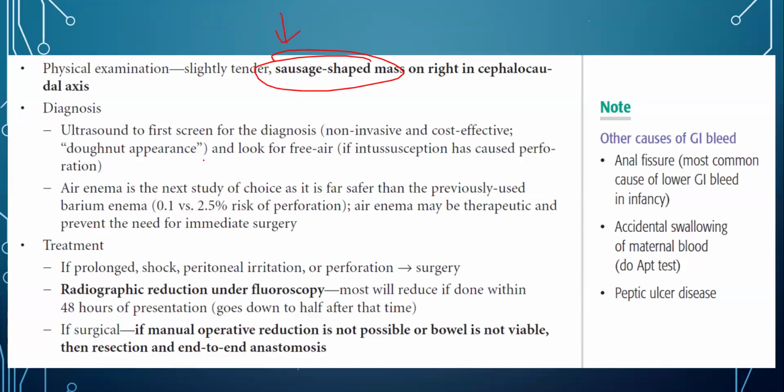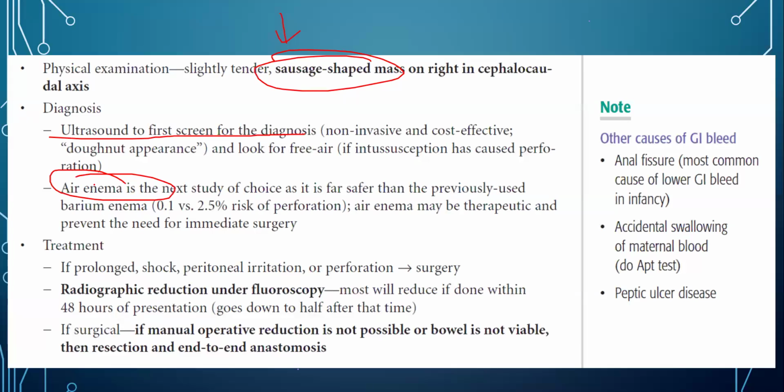How do you confirm the diagnosis? Your first test can be an ultrasound, and ultrasound usually will be able to confirm the diagnosis. What is the treatment? The treatment of choice is air enema. Air enema means that you insert a tube into the anus, and through the tube you pass air.